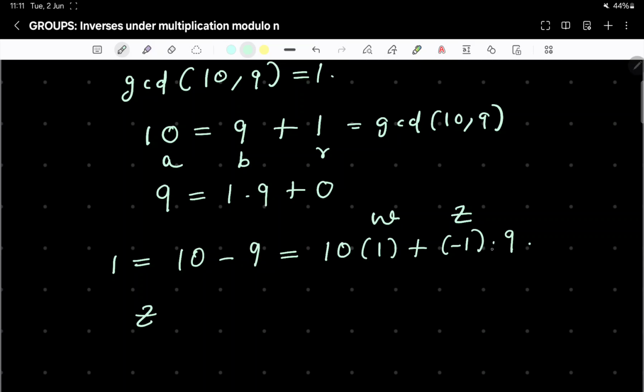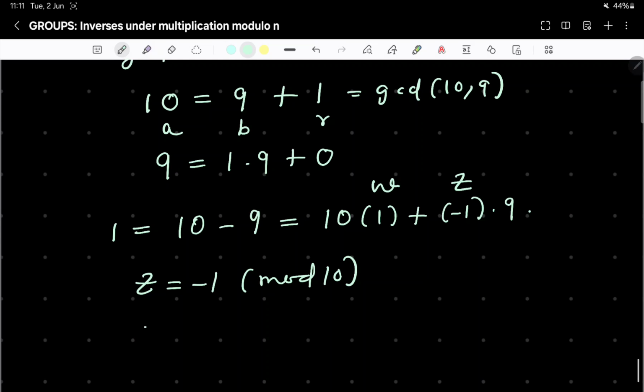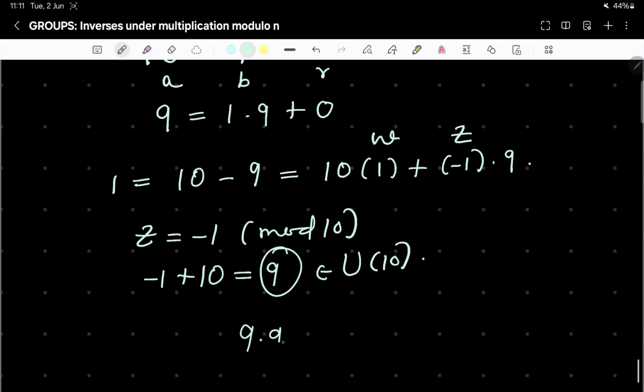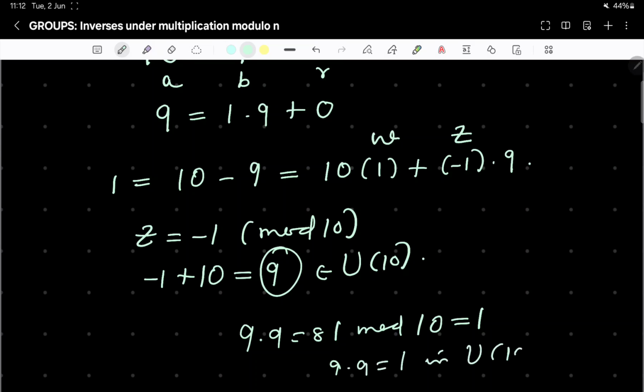So the coefficient of 9 in Bezout's lemma is going to be the inverse. So Z equals minus 1. What is minus 1 mod 10? Minus 1 is not inside the remainders, so you add 10 to minus 1. What do you get? 9. So 9 belongs to U10. 9 is going to be the inverse. You can see 9 into 9 is 81, and 81 mod 10 is equal to 1. So 9 into 9 equals 1 in U10.